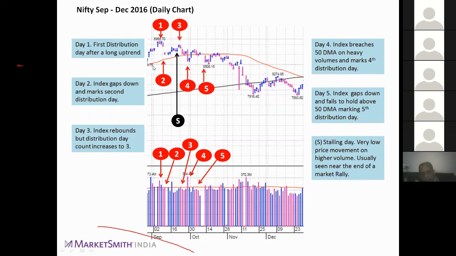Point 2 explains that the index gaps down and marks the second distribution day. It almost touched the average volume, and it is more than the previous day's trading volume. So this will be called distribution day 2.